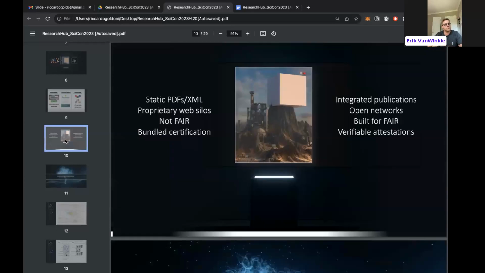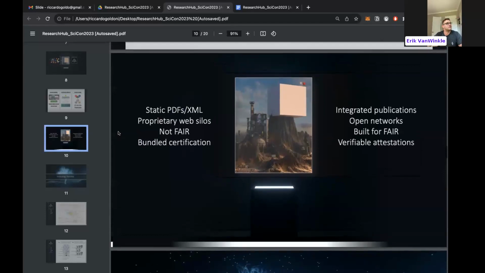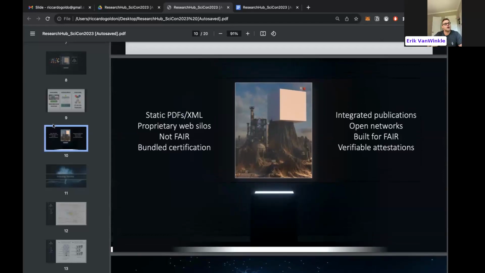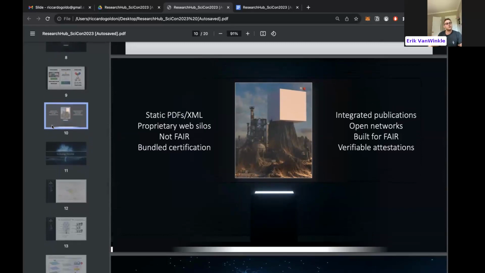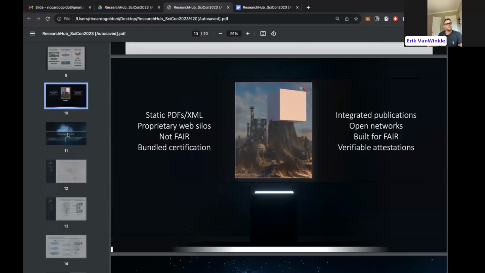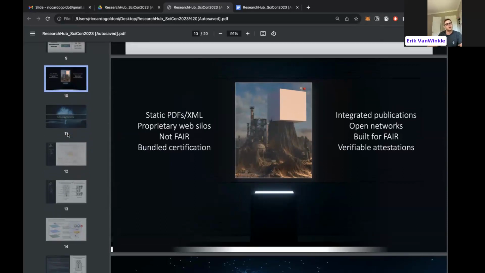We can move from the static PDF to integrated publications where code and data work seamlessly together to show what the scientific record can be. We can move past some of the proprietary silos of publishers.